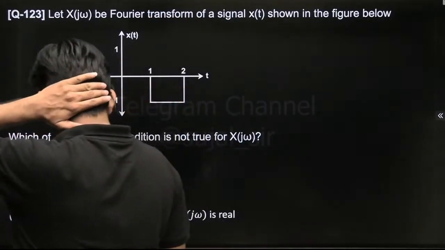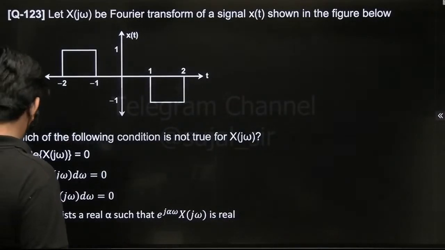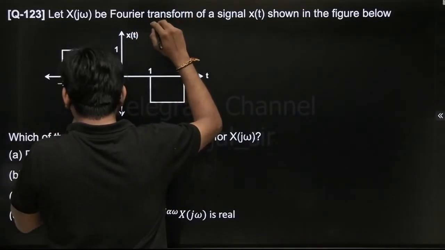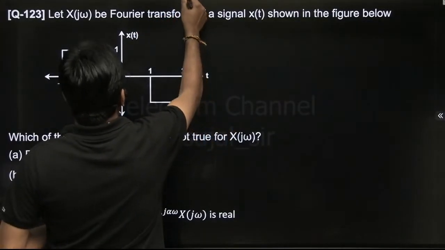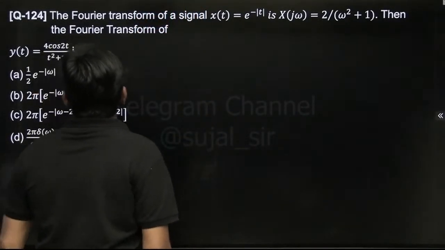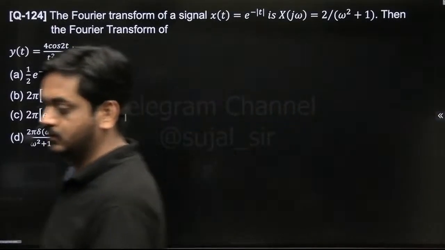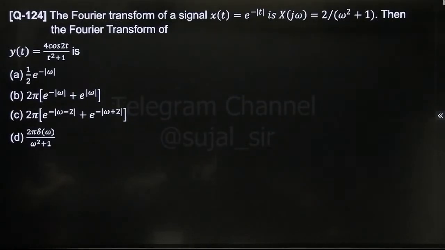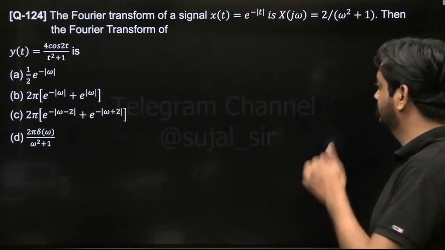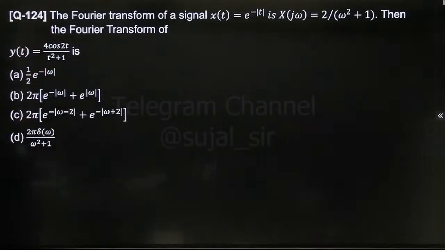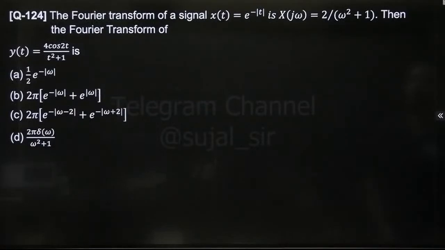Now next, question number 1 to 4, guys. So the Fourier transform of signal x of t equal to e power minus mod t is X of j omega equal to 2 upon omega square plus 1.